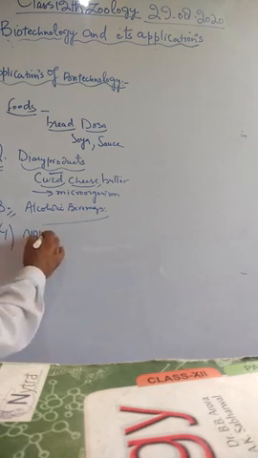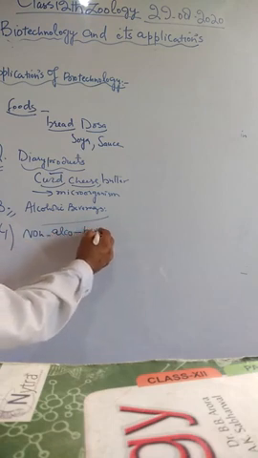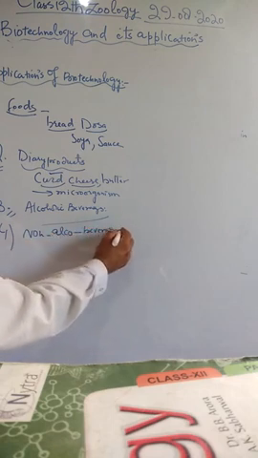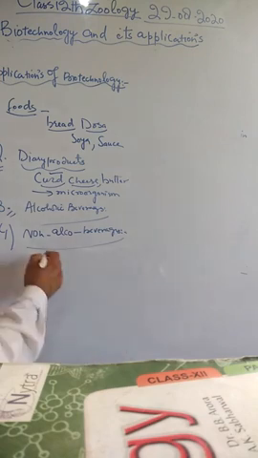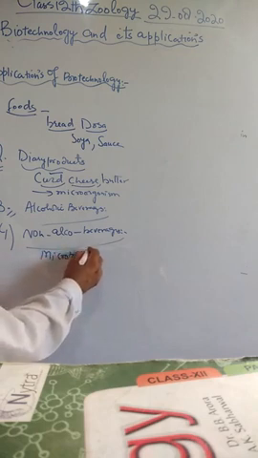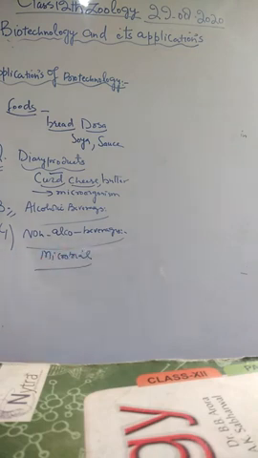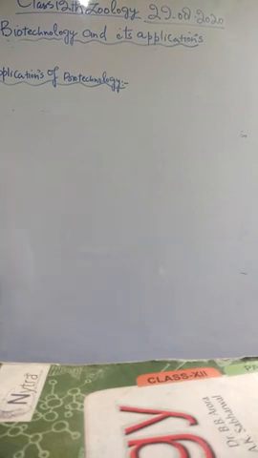So far as non-alcoholic beverages are concerned, they also involve biotechnology. They are produced by curing of coffee beans and tea leaves by fermentation due to microbial action. That also involves applications of biotechnology.